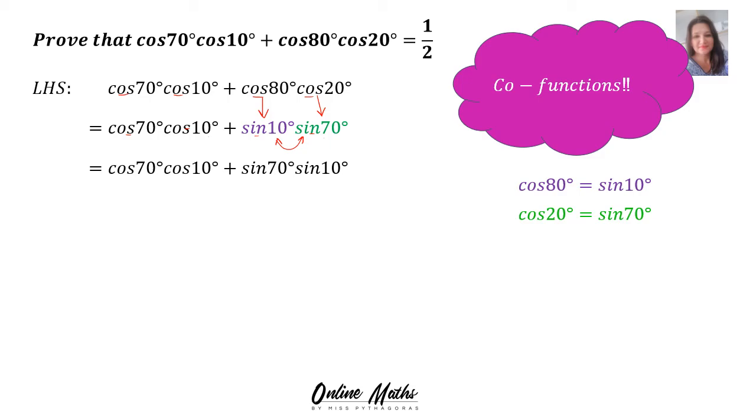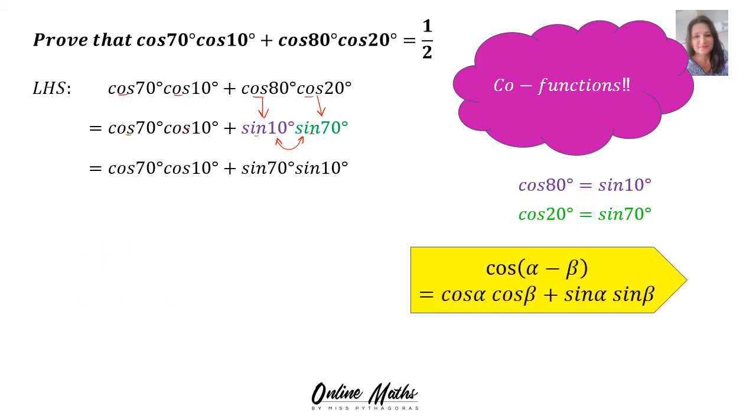Can you see it's the compound angle for cos alpha minus beta? Since this is a plus, then that's going to be a minus. So we can reduce this one to cos of 70 degrees minus 10, which is cos 60 degrees, and cos 60 degrees is a half. Therefore, the left hand side is equal to the right hand side.